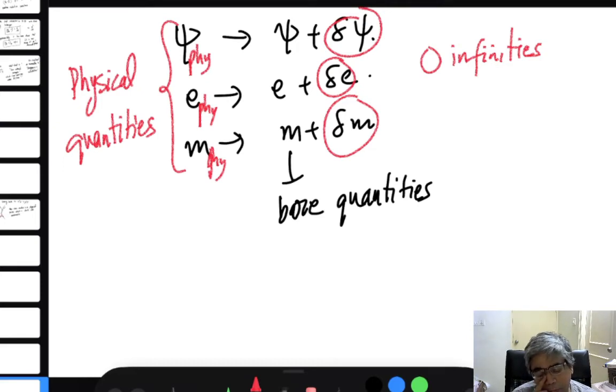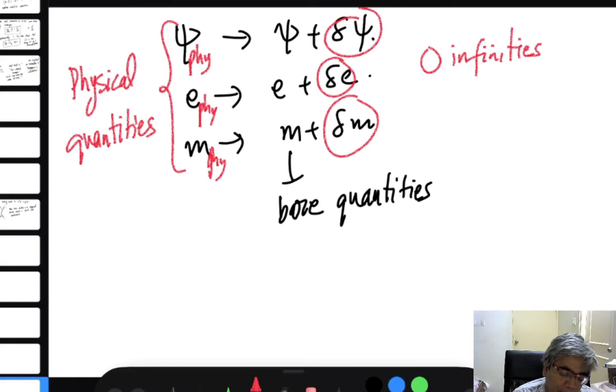The original terms which appear at the tree level of the Lagrangian are called the bare Lagrangian, bare parameters, which are not the physical things which you measure. But these infinities, which you absorb and put together, together become something called physical parameters.